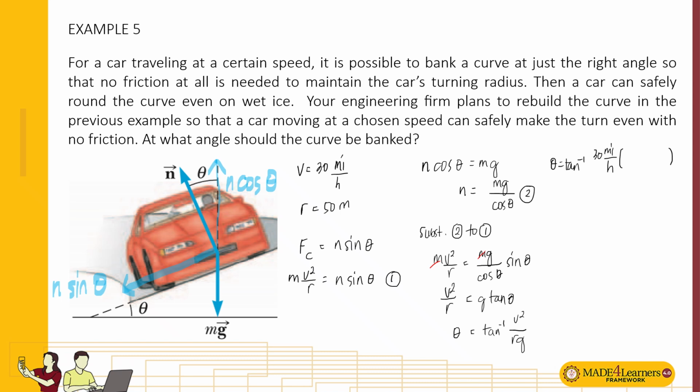So space here for the second conversion factor. 1 mile is 1609.34 meters, and 1 hour is 60 minutes times 60 seconds, so that's 3,600 seconds. And then all over the radius, which is 50 meters times 9.81 meters per second squared.